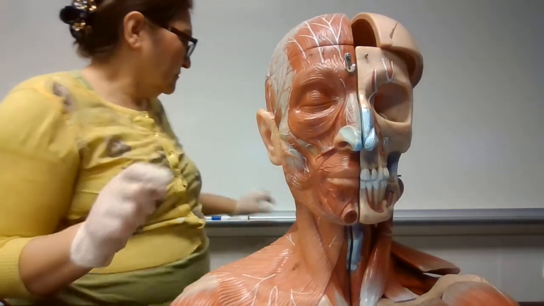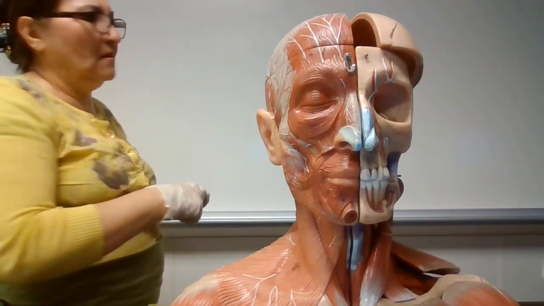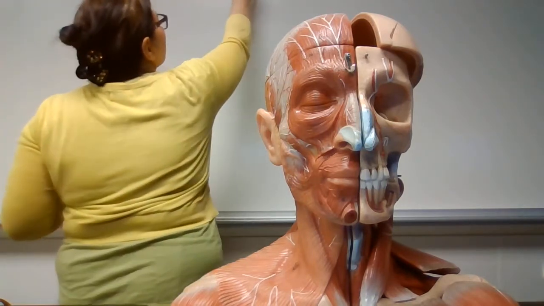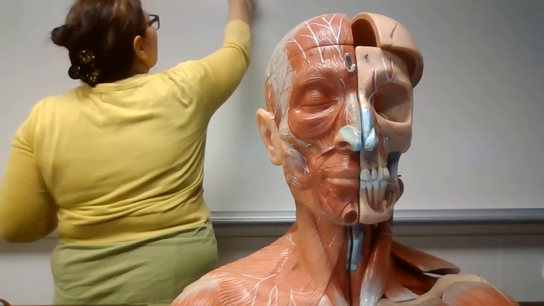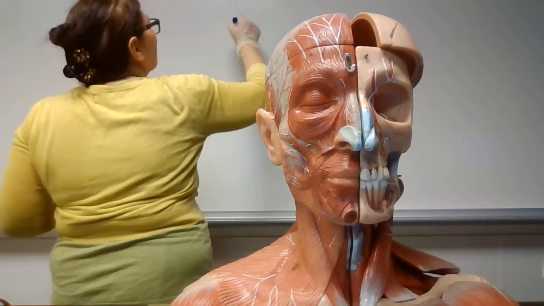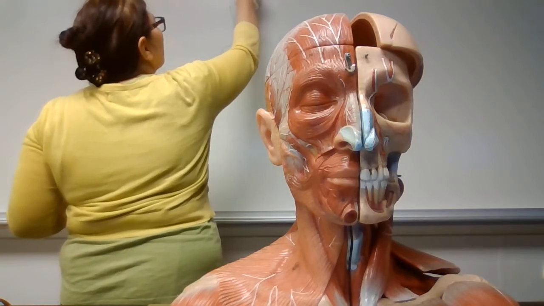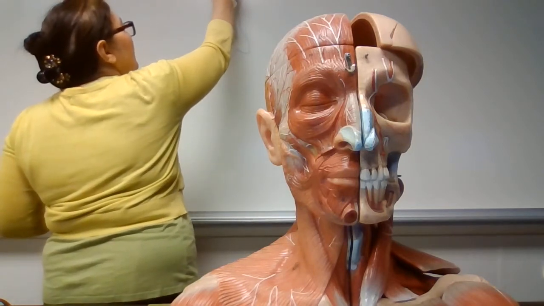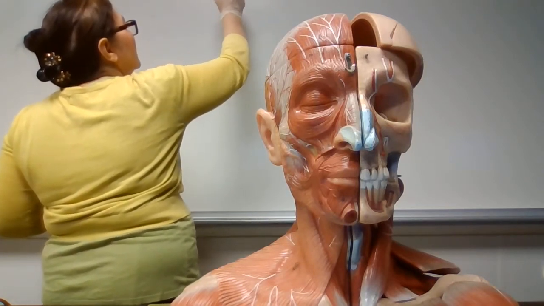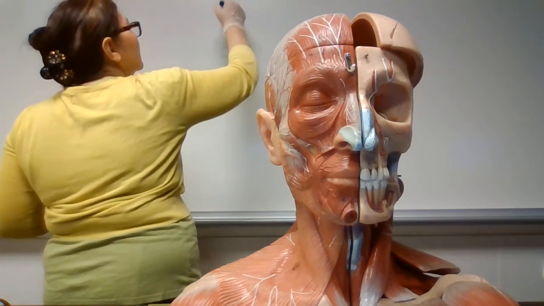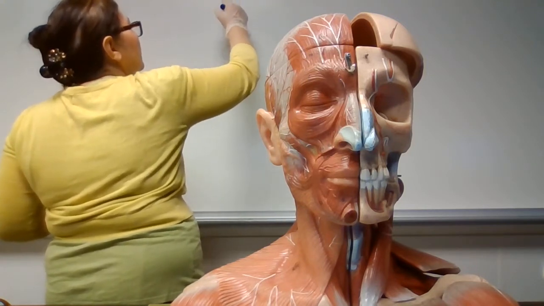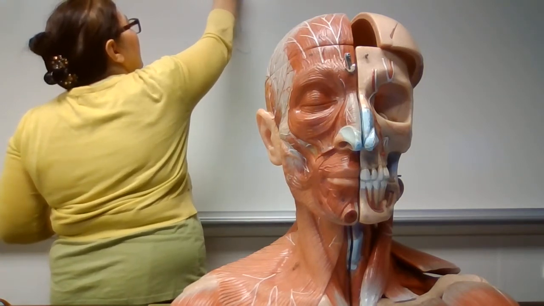For example, this is the bone of the humerus, and that muscle, maybe the brachialis or biceps, has a tendon.